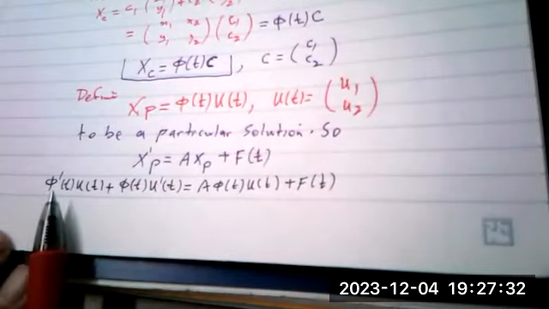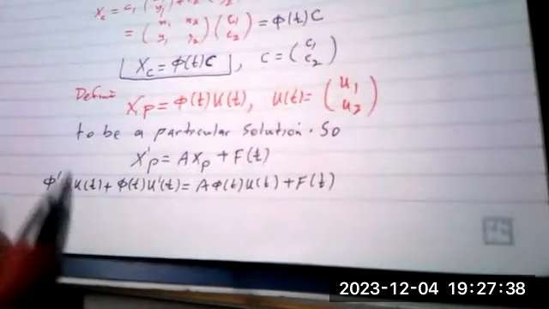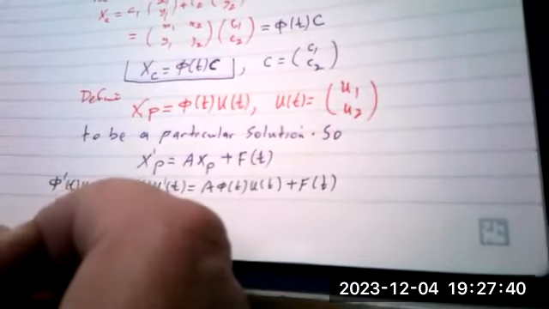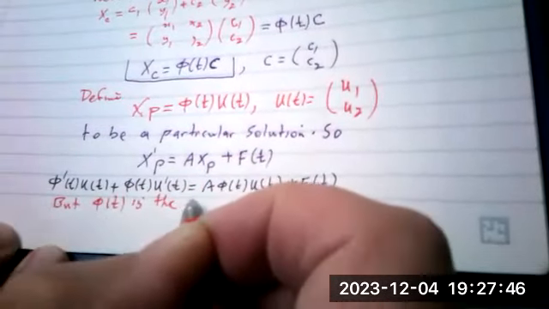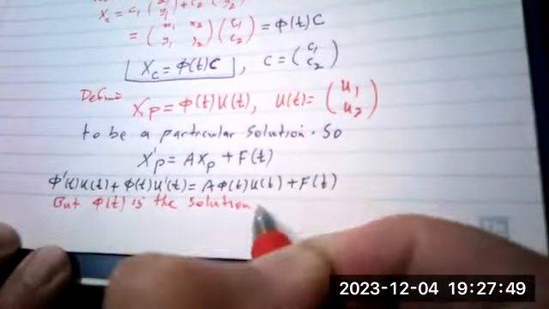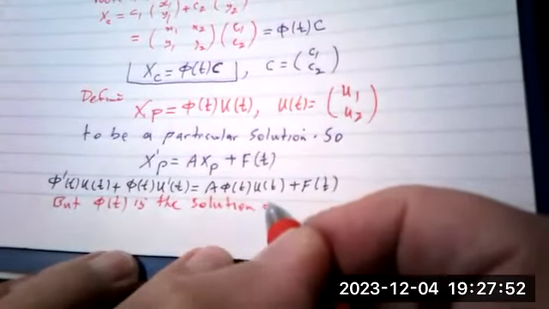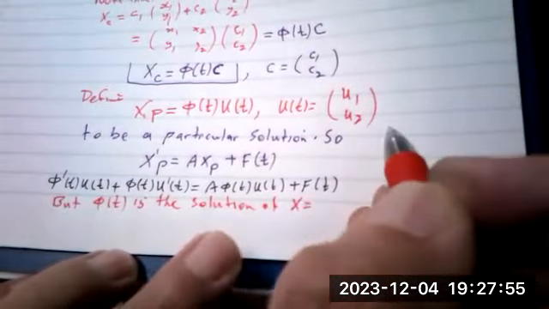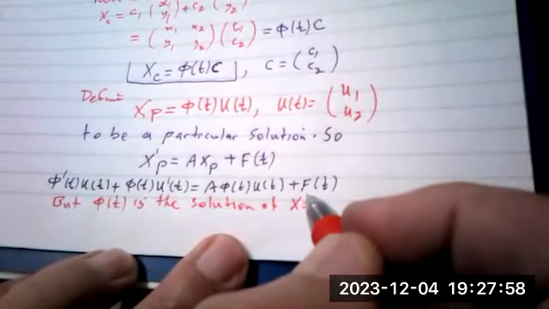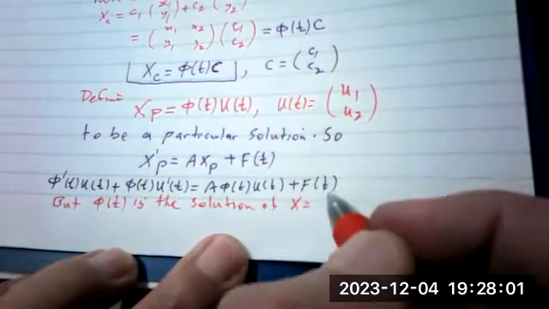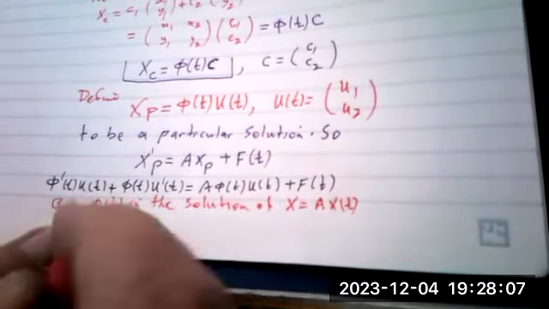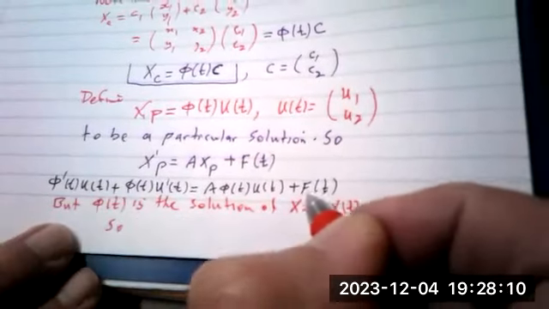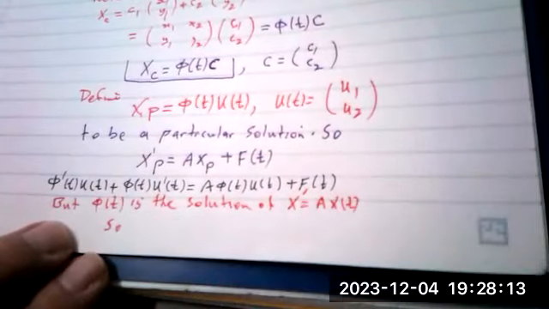Now, again, you just go back. Remember phi of t? Phi of t is the solution of the homogeneous system, x prime equal to a x of t. That's the homogeneous one. Since it's a solution, it must satisfy this equation.